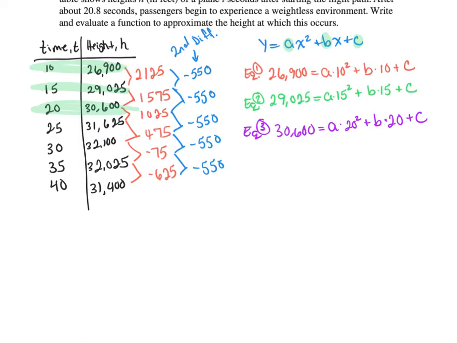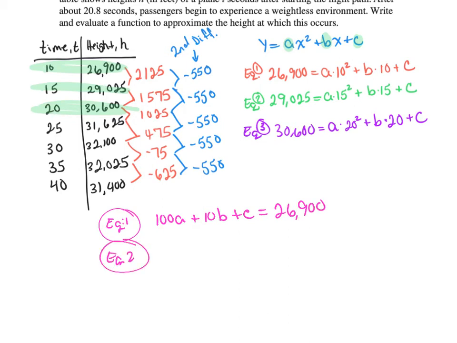All right, so equation 1. We usually see our constant, our 26,900, on the other side, so I'm going to put it over there. 10 squared is 100, so it's 100 times a plus 10 times b plus c is equal to 26,900. So there's our first equation.